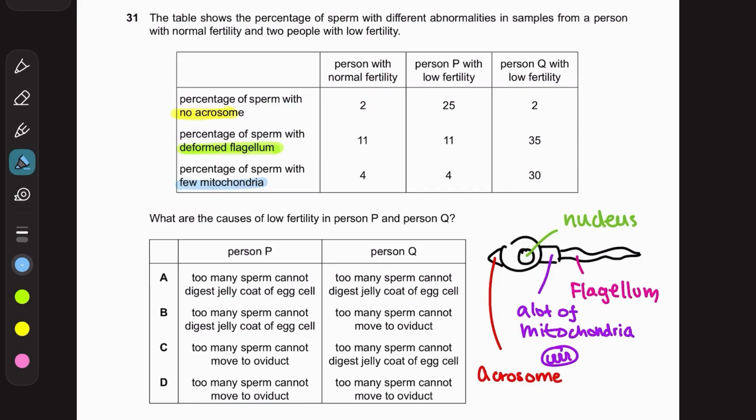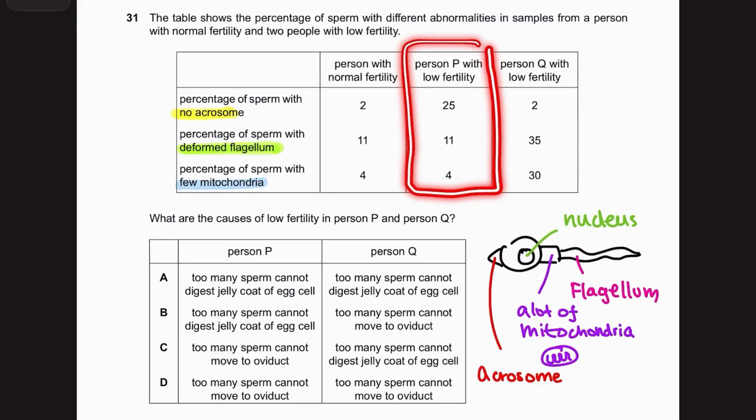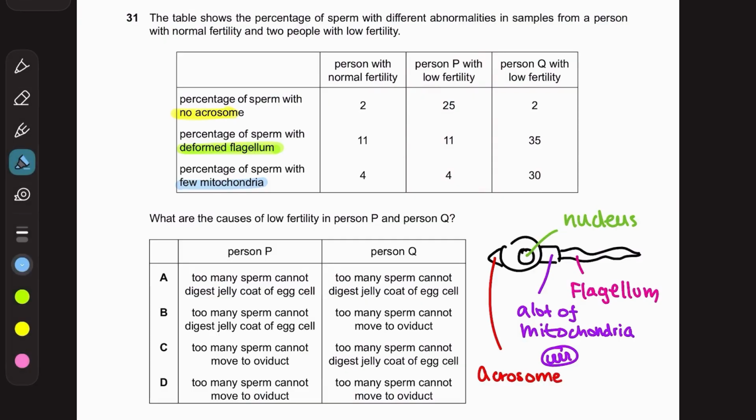Get it? So now we've talked about that. Let's look at what's the problem with P. P's major problem is what? 25% of the sperm has a real issue, right? Because 11% and 4% is the same as a normal person. So therefore, the 11 and the 4 here is not the problem. The problem for person P over here is the fact that he has a quarter of his sperm that doesn't have an acrosome.